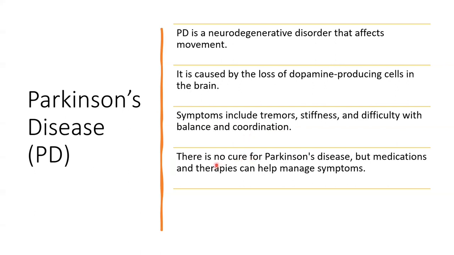There is no cure yet, but there are some medications which can mitigate these symptoms. It affects about 0.57 percent of people over age 45, so that's millions of people all around the world.